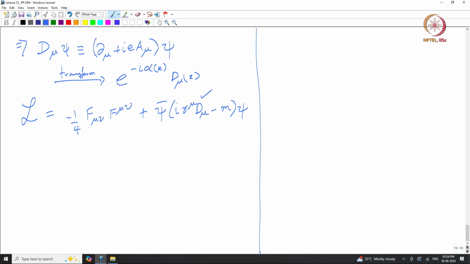Okay. Now this is where you get the rules for constructing interaction vertices in QED.